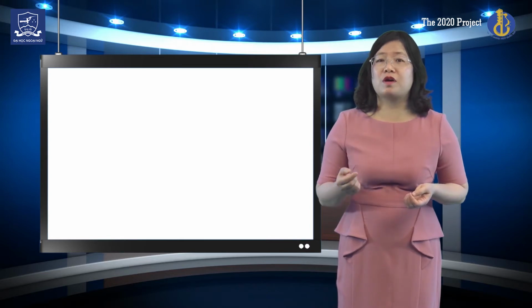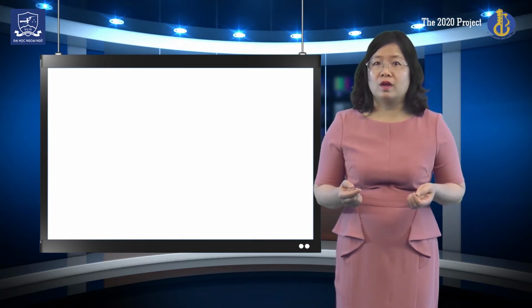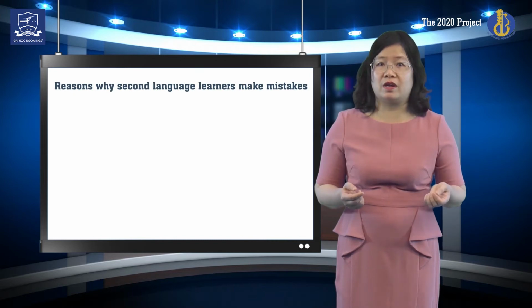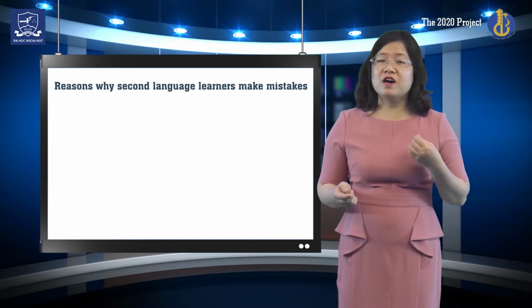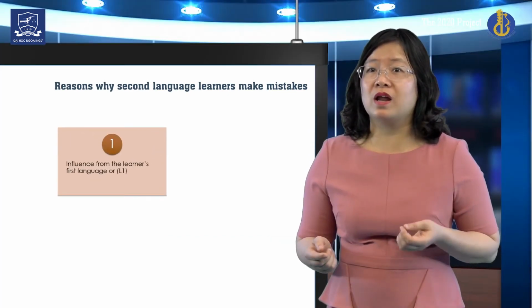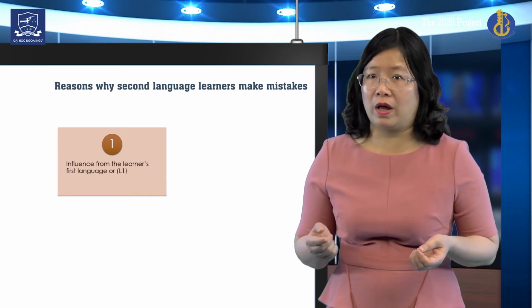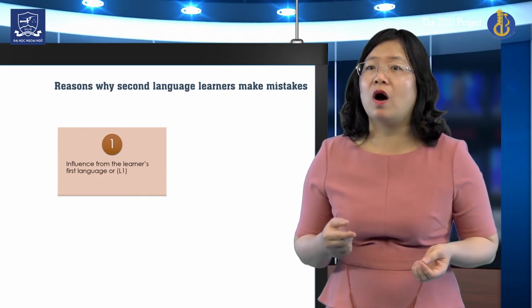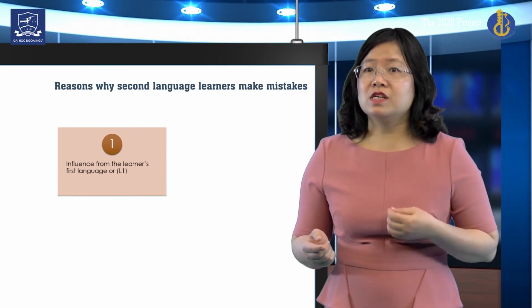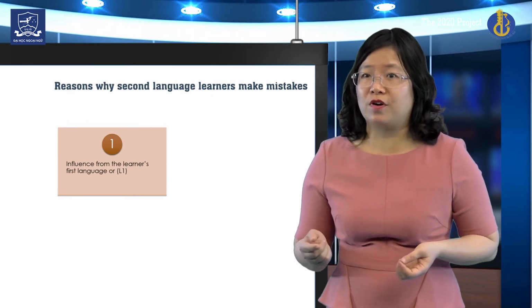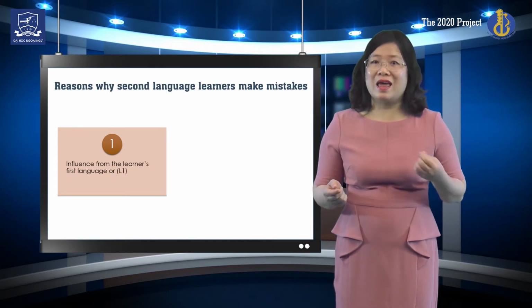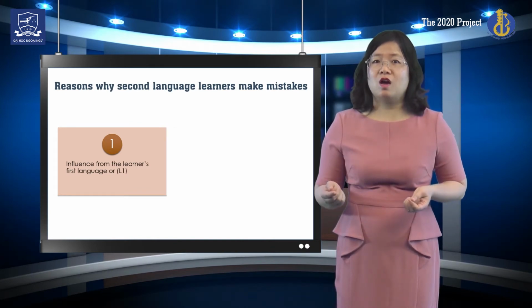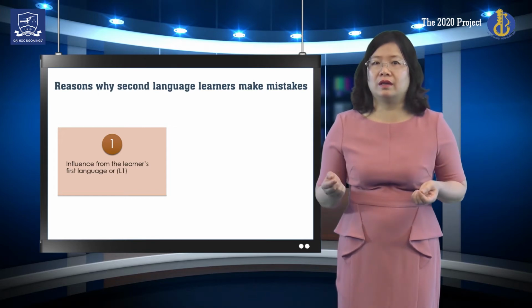According to Spada et al. 2005, there are two main reasons why second language learners make errors. The first reason is influence from the learner's first language or L1 on the second language or L2. This is called interference or transfer. Learners may use sound patterns, lexis, or grammar structures from their own language in English.